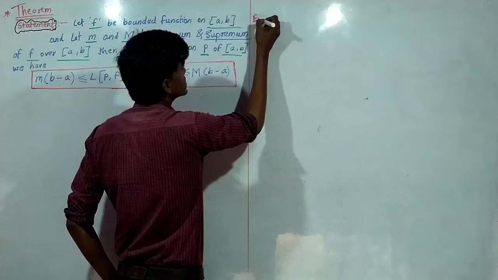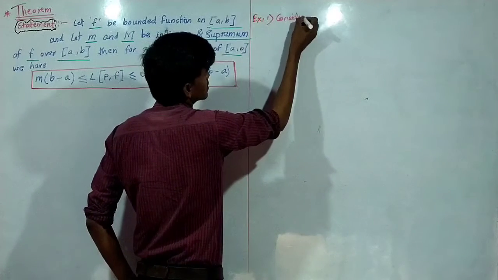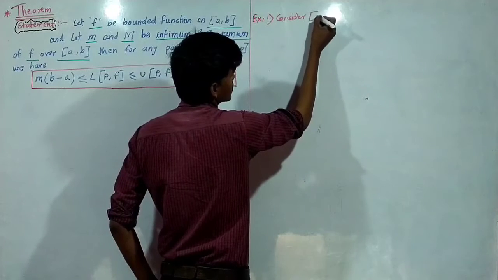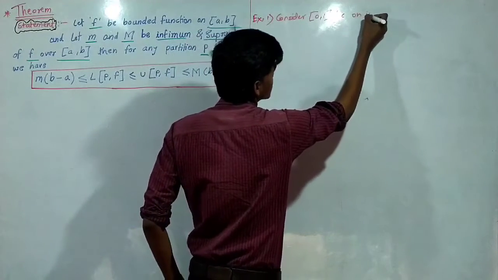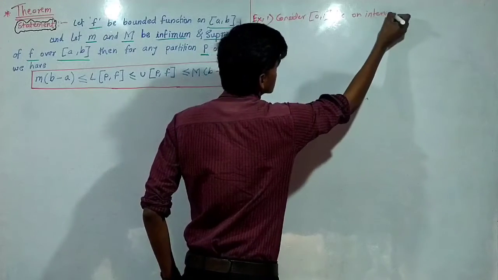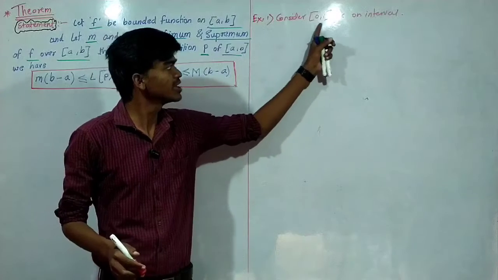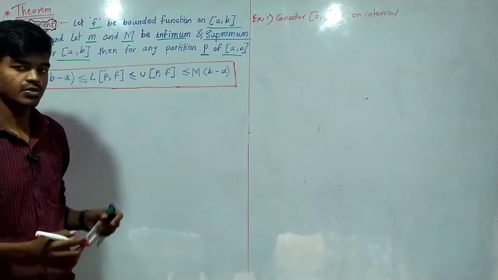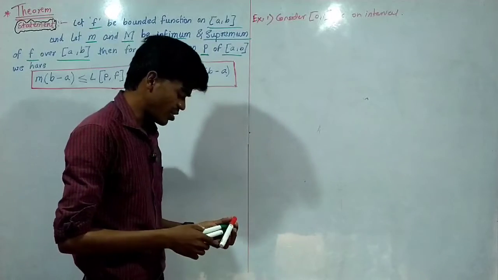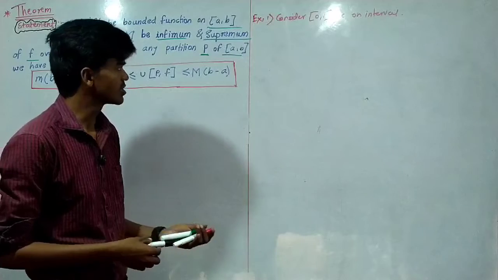Example 1: consider [0, 1] as one interval. I will prove this on the interval, and we need to prove it on the given function. So [0, 1] is our given interval.